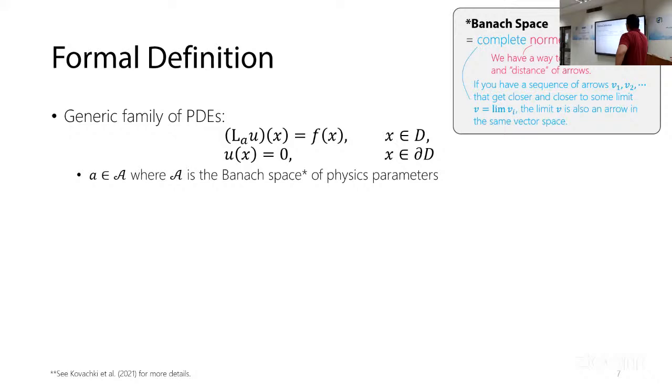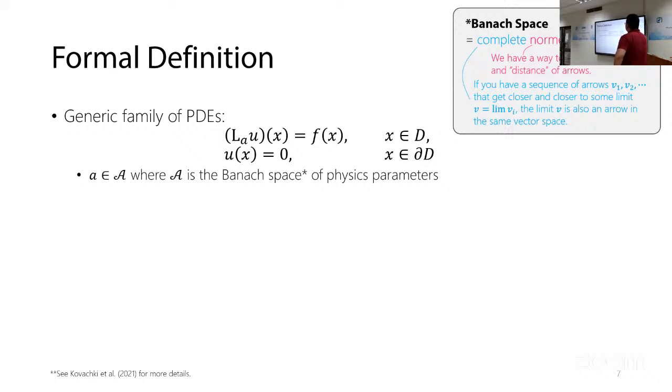Also here, we define the boundary condition. At the boundary of a domain, in this case, we have a Dirichlet condition where the value of U is 0 at the boundary. But later, we're going to relax this constraint and make it work for a more generic family of PDEs.